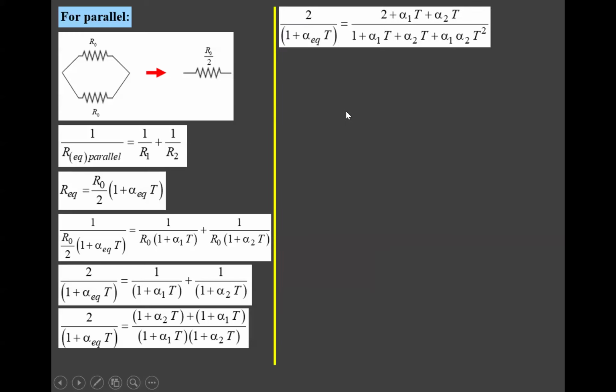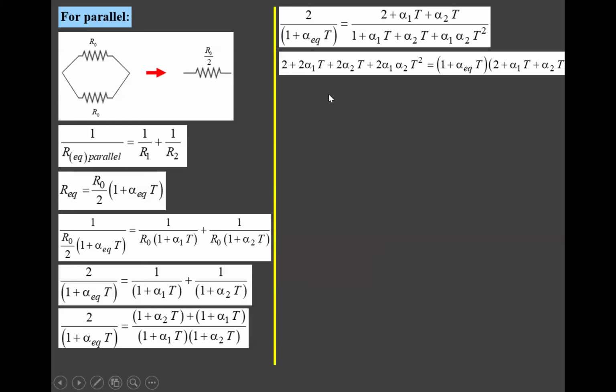Simplifying, the right hand side is (2 plus alpha 1 T plus alpha 2 T) upon (1 plus alpha 1 T plus alpha 2 T plus alpha 1 alpha 2 T square).